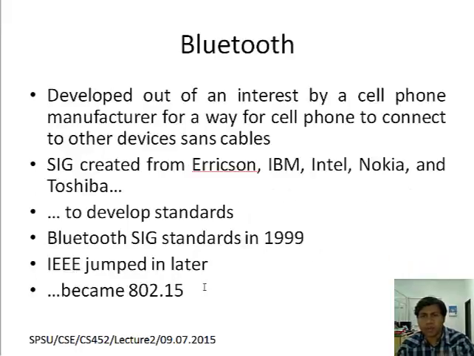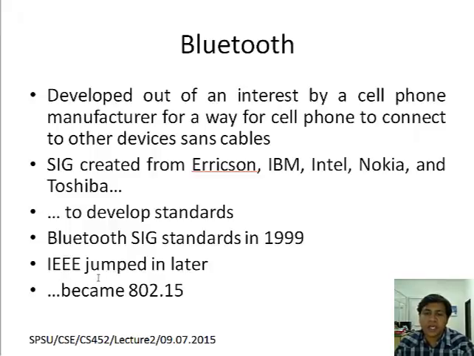Now this is the basics of Bluetooth, which we have already talked about, the creation of the Bluetooth architecture. It got some development standard, and this SIG was initially created by Ericsson, IBM, Intel, Nokia, and Toshiba. In the year 1999, Bluetooth was started, and then IEEE gave a standard, IEEE 802.15, and it comes under IEEE 802.15.